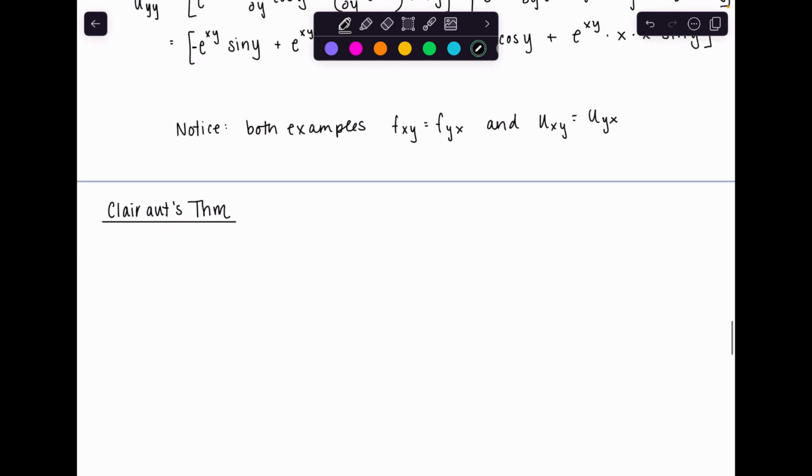Okay. So what Clairaut's theorem states is, suppose that f of xy is defined on a disk, which we'll call D, containing the point AB.